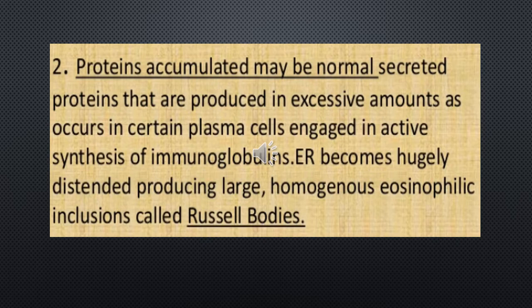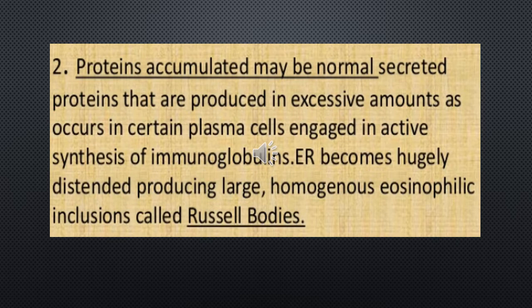How are these inclusion bodies formed? Excessive production of antibodies gets accumulated inside the cytoplasm, inside the rough endoplasmic reticulum of the cell, and this rough endoplasmic reticulum converts into cytoplasmic inclusions.